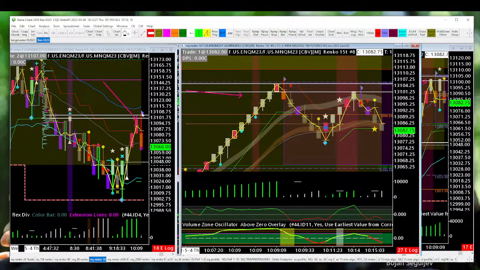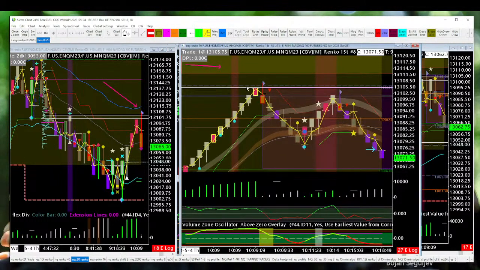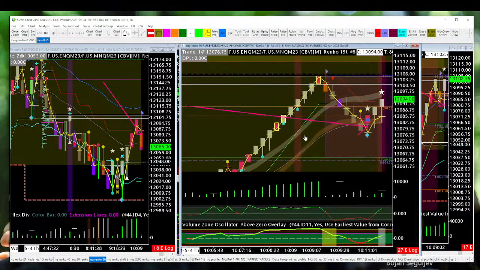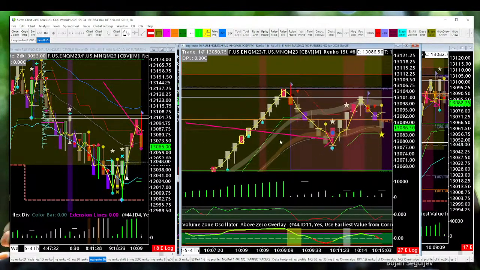So the hardest part is if you don't know where your target is, all you really have is maybe the higher time frame channel, or the lower time frame levels, or a voodoo range or something else. I've got a low volume node here on the daily profile, but we didn't actually reach that this time. So it would have made sense to buy this star, and in this case it worked just fine as a scalp. I didn't do it, but it would have worked.